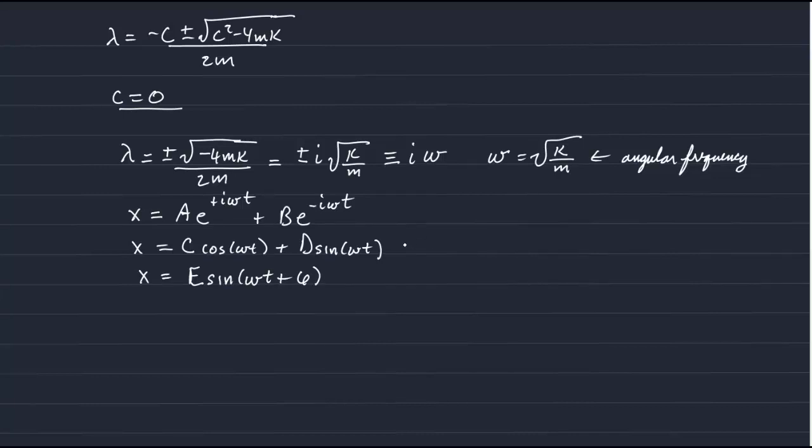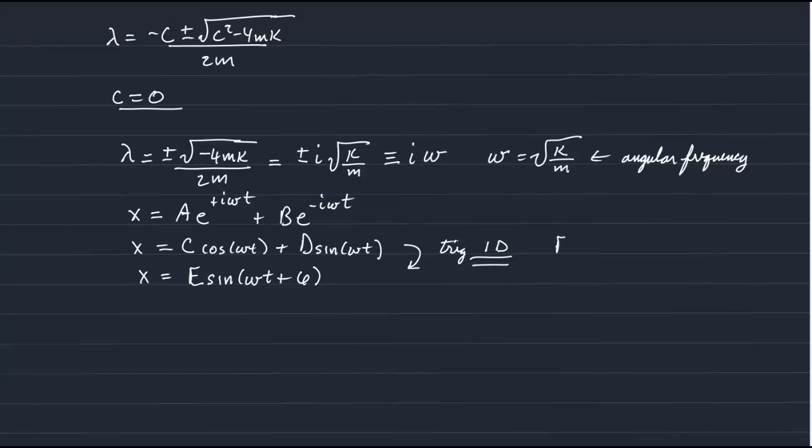So we go from here to there using a trig identity in which a cosine function and a sine function can be expressed as the sine of the addition of two angles.